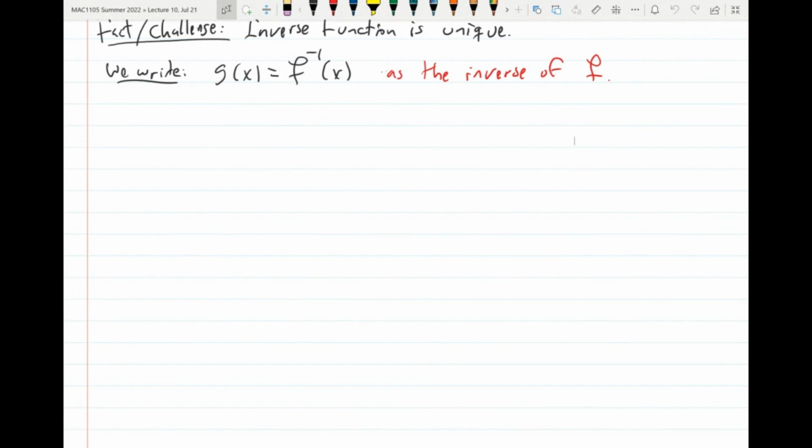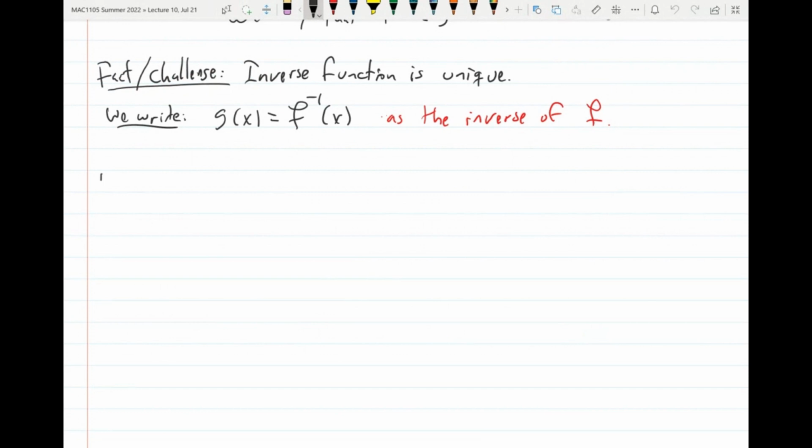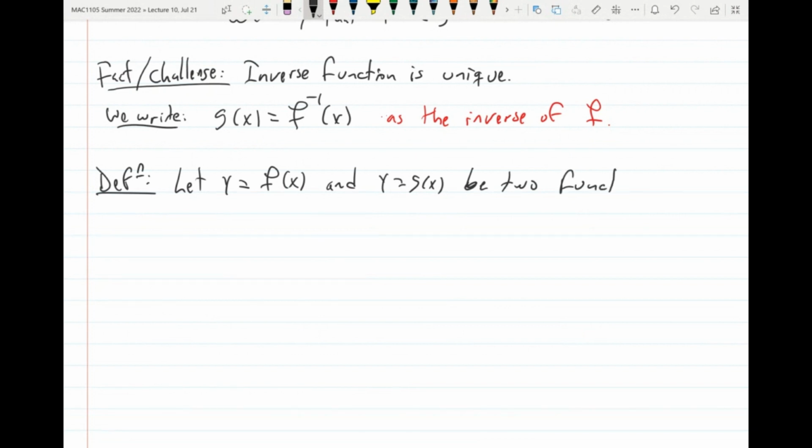So now we know what composition is. I just defined to you what an inverse is, so I guess let me write the formal definition. So definition: let y equal f of x and y equal g of x be two functions so that when you do f composed with g is equal to x, and the other way around as well, okay?